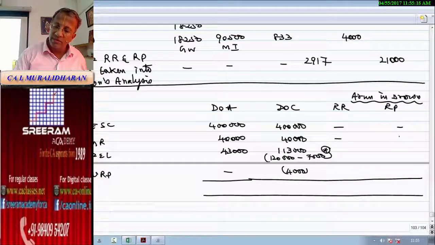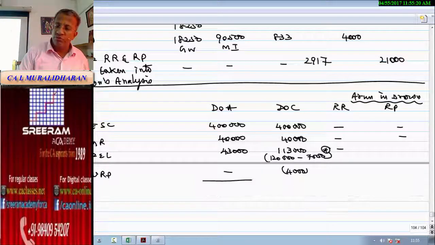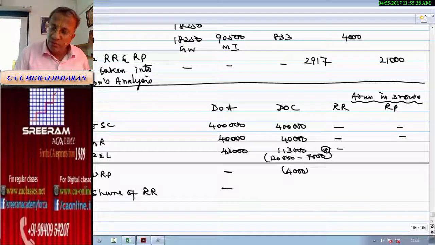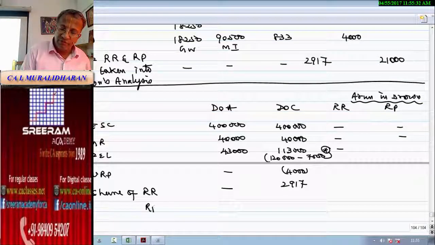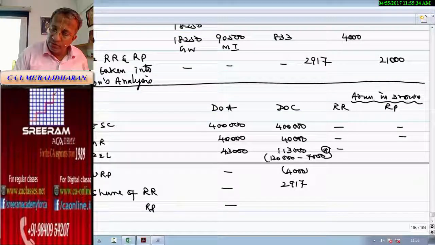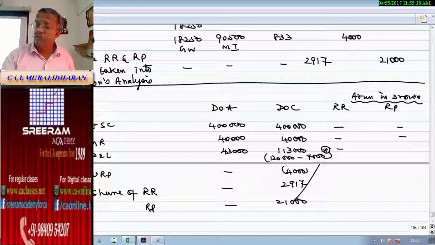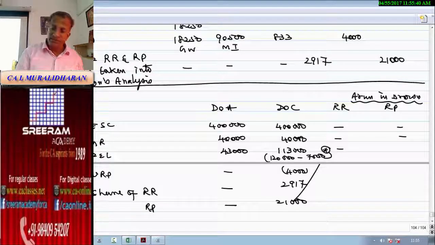Sorry, share of revenue, that also we have to take up. We have forgotten. Share of revenue reserve 2,917. Share of revenue profit 21,000. Remember that we have to take up the 2,917 and 21,000.